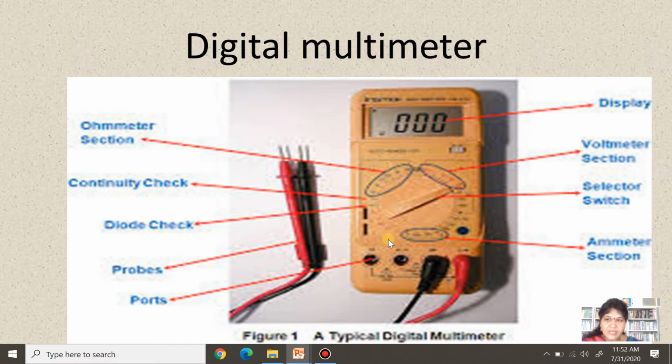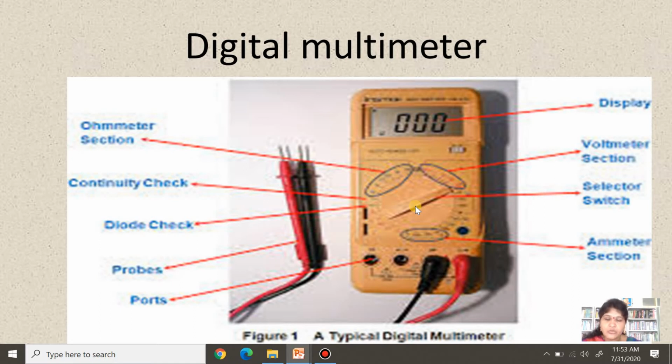This is a digital multimeter in which we have the LCD display. On this LCD display, that is liquid crystal display, we are going to get the output of the multimeter. Then we have the selector rotary switch. Here on this panel we have a knob which is a selector rotary switch, because this multimeter can be used for the measurement of various parameters like voltage, current, and resistance.